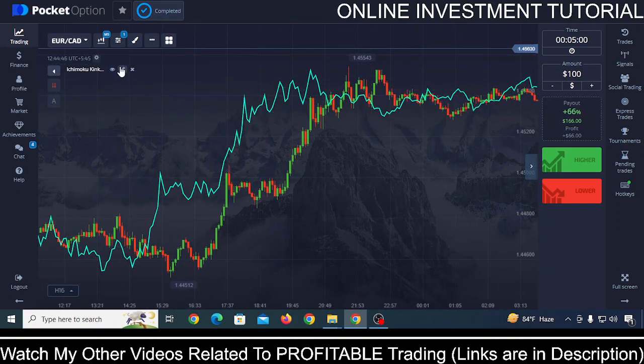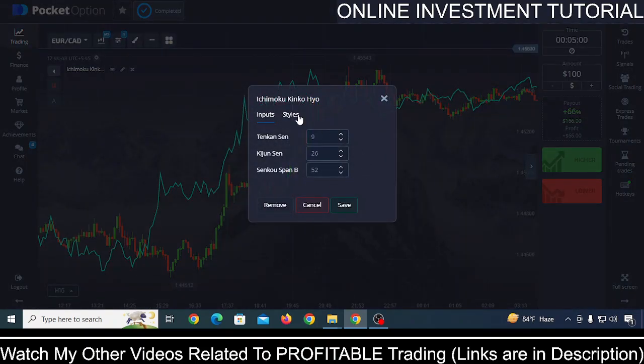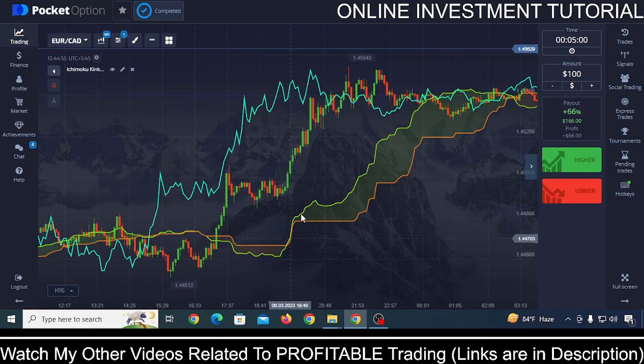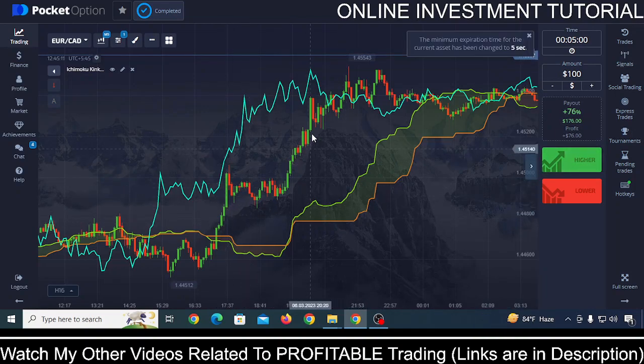Now let's talk about the other line, like this cloud. Now what this cloud does to help you is whenever the market is above this cloud, you should only take trades by clicking on higher if you are trading binary options, or if you are trading forex then you should only buy.